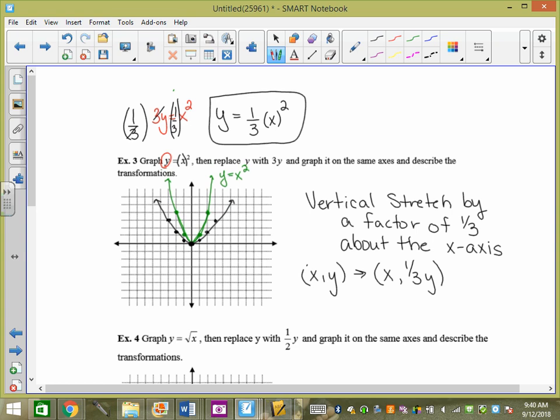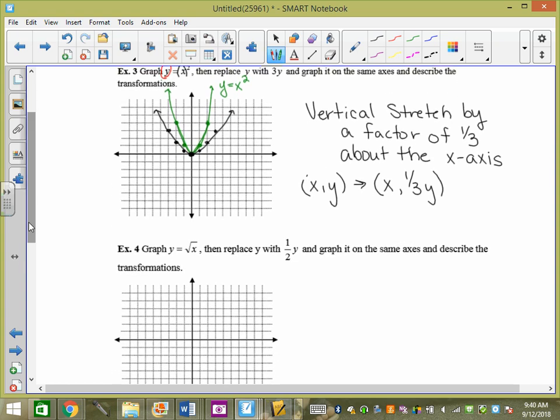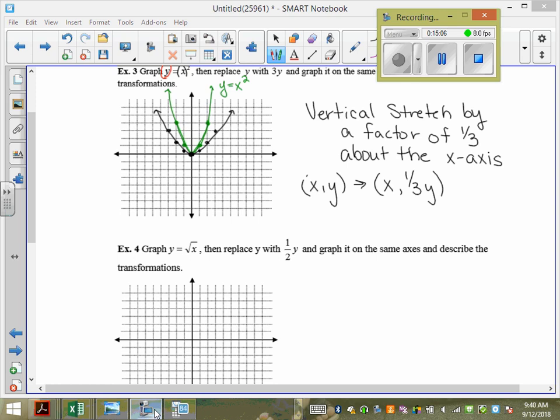4. Okay. So graph y equals square root x and replace the y with 1/2 y. So y equals square root x. We could figure it out, or we could type into our calculator. Either way is fine.